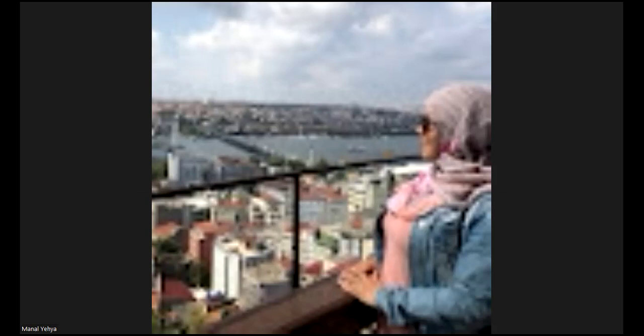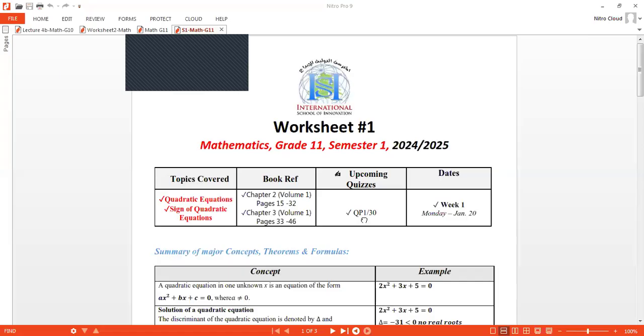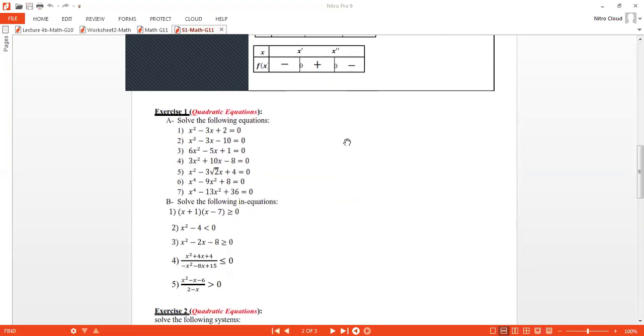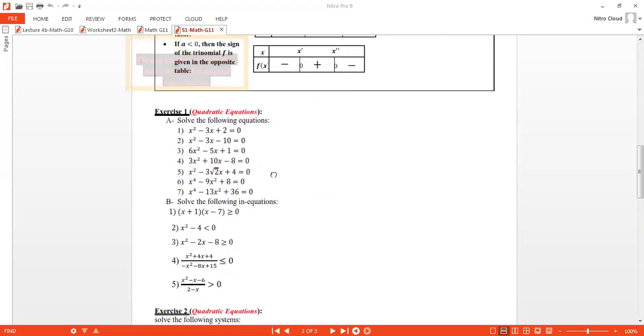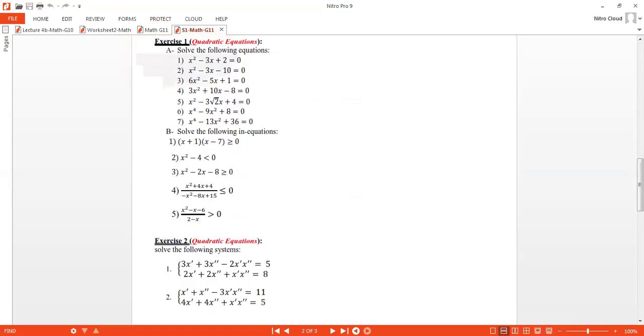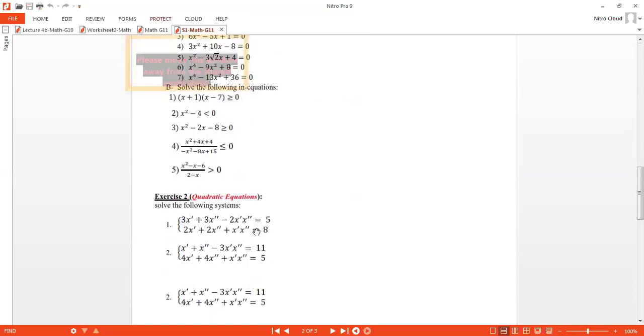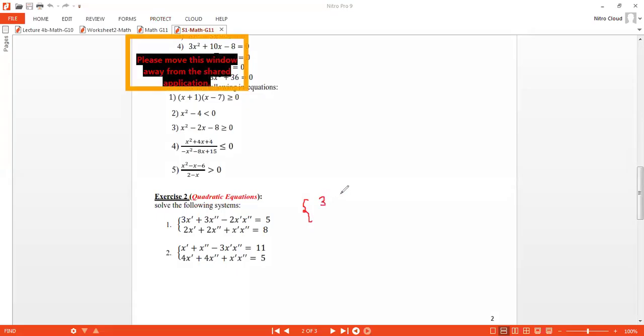On this worksheet, we have learned first how to solve equations, and how to solve inequalities, as I just explained. And for this system, we said that we replace it using sum and product. So we get 3 sum minus 2p equals 5, and here we have 2 sum plus p equals 8.